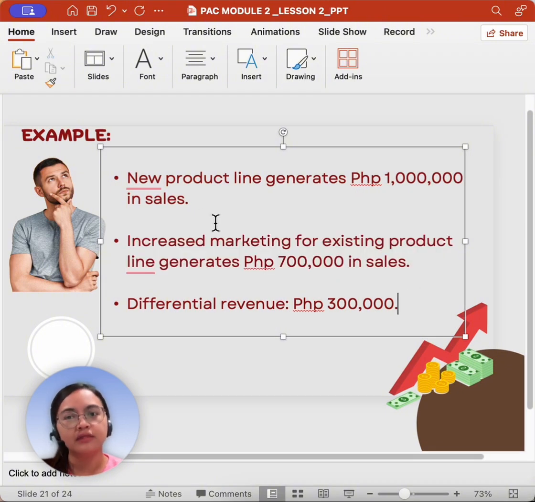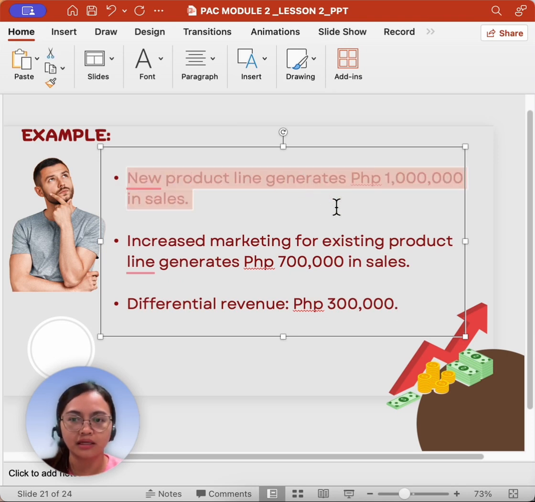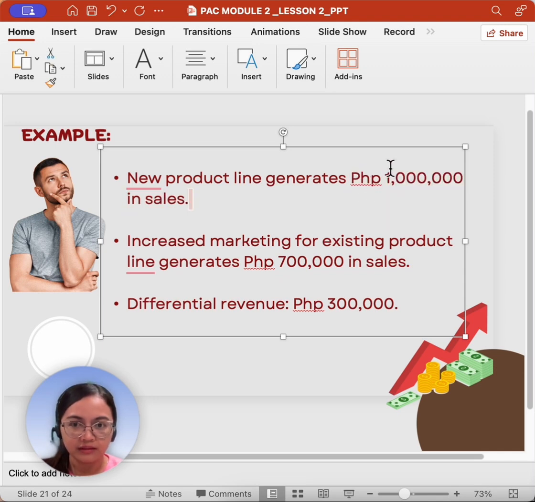However, if you create a new product, your sales would be 1 million. Therefore, you gain 300,000 pesos more. That's what we call differential revenue.